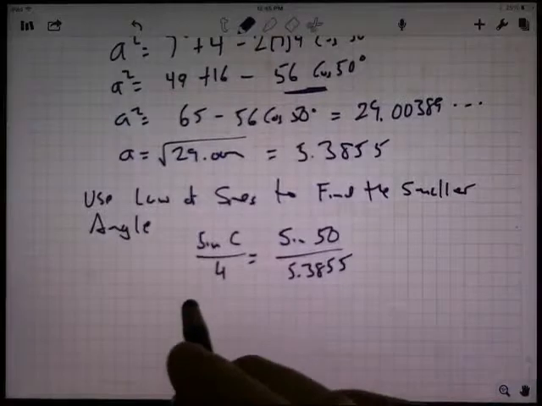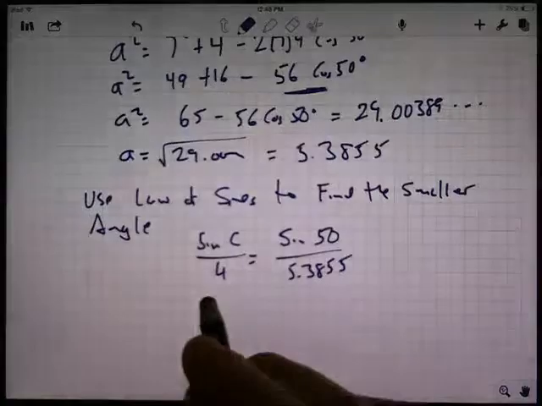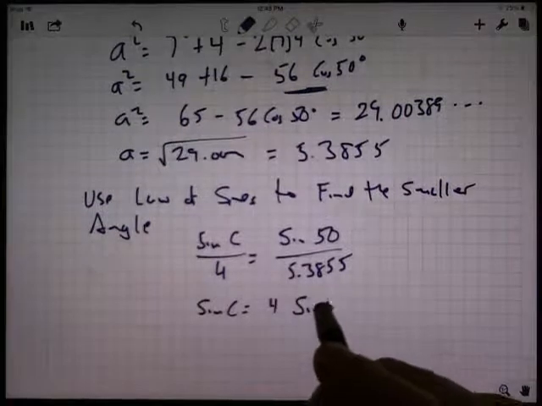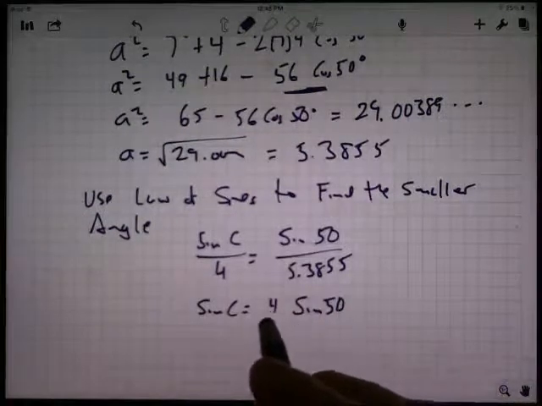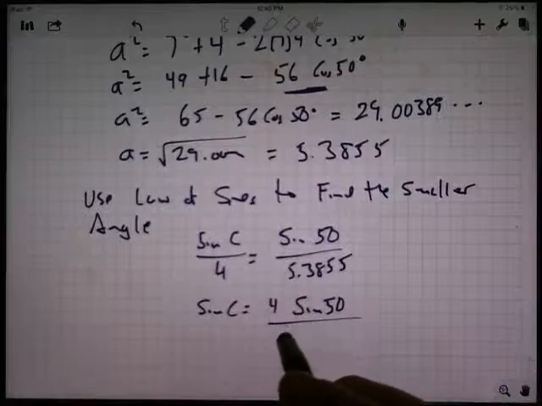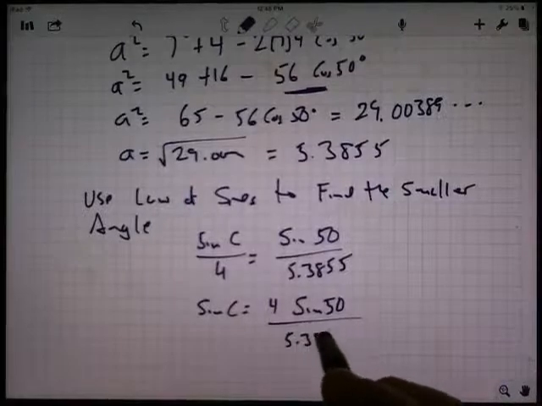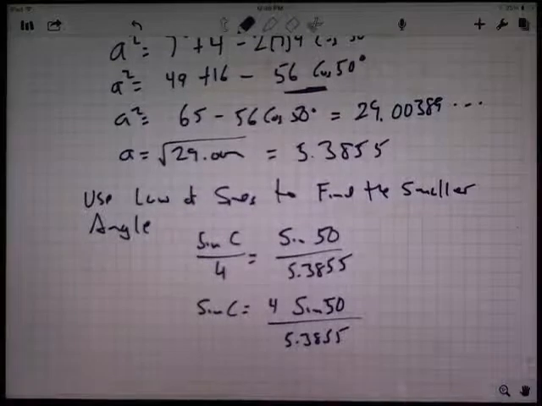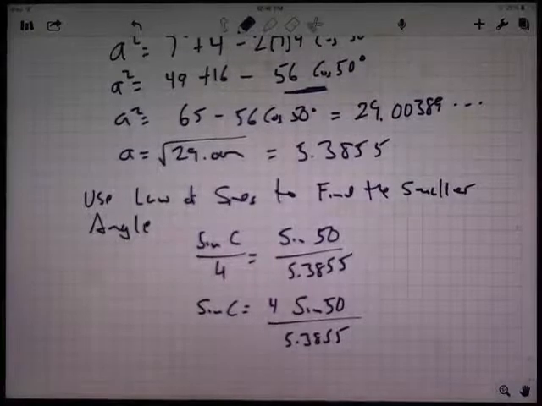So here we go. The sine of C is 4 times the sine of 50 degrees divided by 5.3855. So in my calculator, I type 4 times the sine of 50, and then I'm going to divide by the previous answer, so I don't have it rounded.